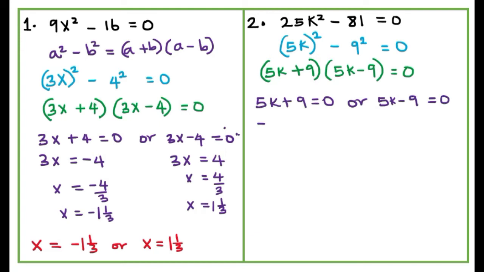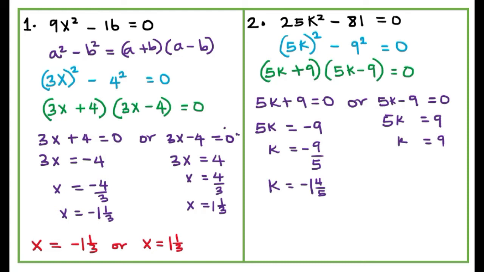So in that case, we shall have 5k equals negative 9, such that k is negative 9 out of 5 and k is negative 1 and 4 out of 5. This side we have 5k equals 9 and k is 9 out of 5, which is the same as 1 and 4 out of 5.